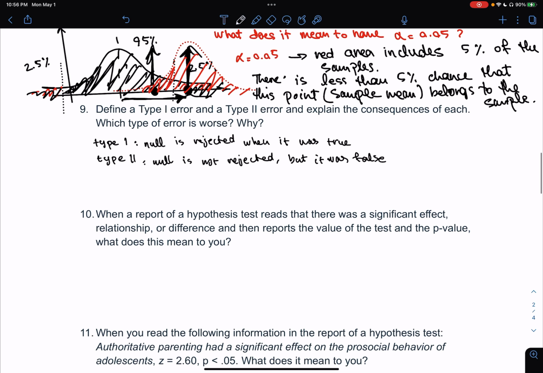Okay. So question 9, define a type 1 and type 2 error and explain the consequences of each type of error, which is worse and why. Again, we had this definition before. So the consequences of each one.